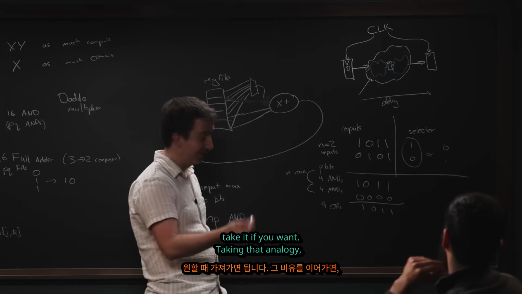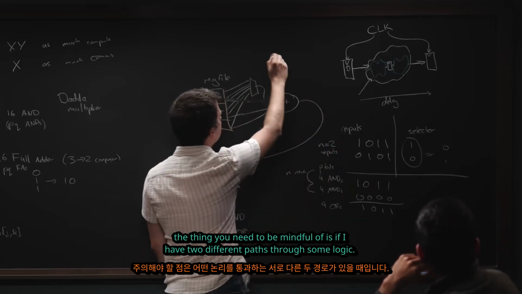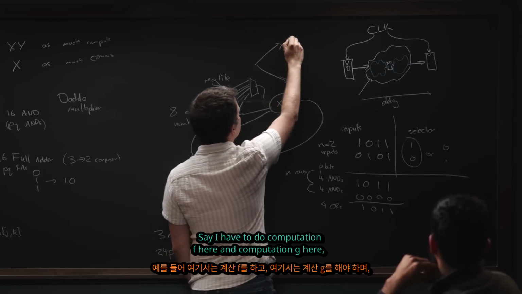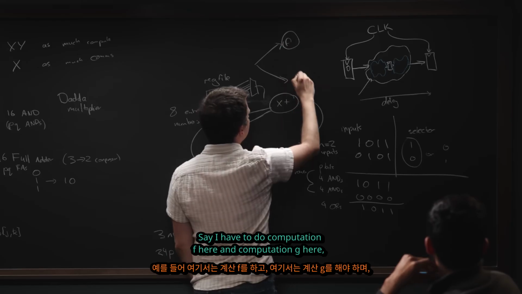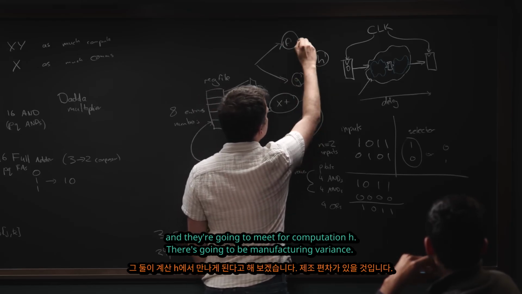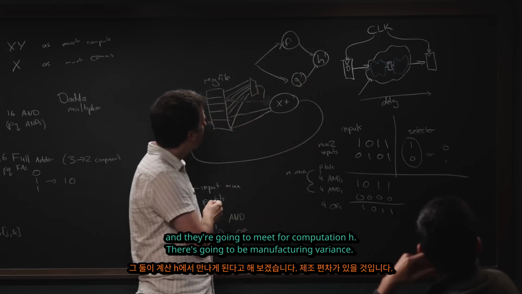Yeah. So taking that analogy, the thing that you need to be mindful of is if I've got two different paths through some logic. So I have to do a computation F here, and then computation G here, and then they're going to come and meet for computation H somewhere here.